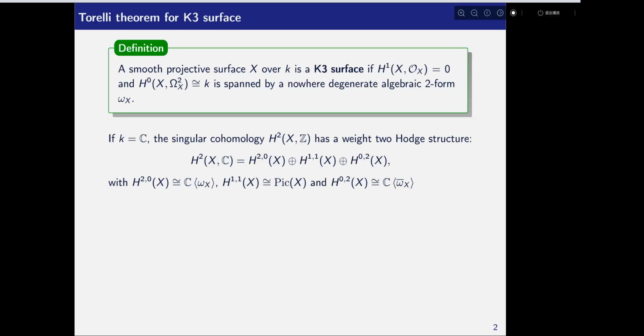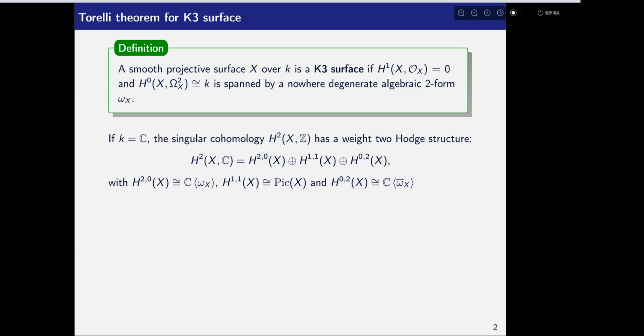If K equals C, then we can also talk about non-projective surfaces, still Kähler surfaces, satisfying these conditions, so we can study more general surfaces.